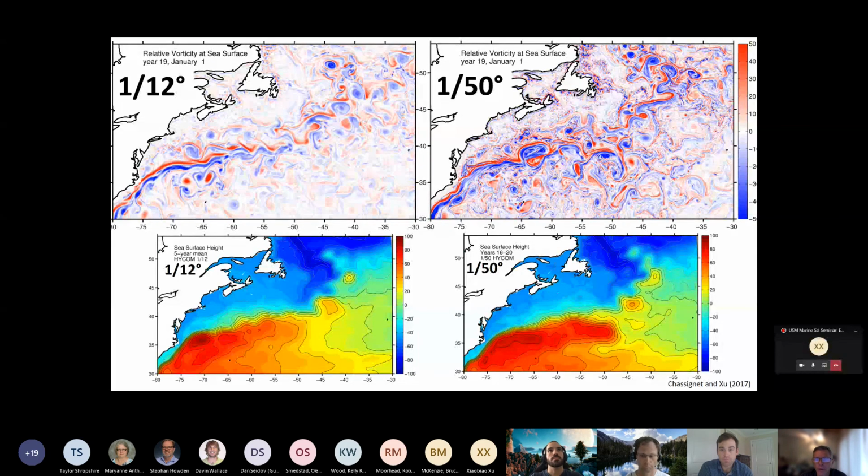So at least in the Gulf Stream region, 32 layers is enough to resolve up to the 5th Rossby radius of deformation, so the first 5 baroclinic modes.